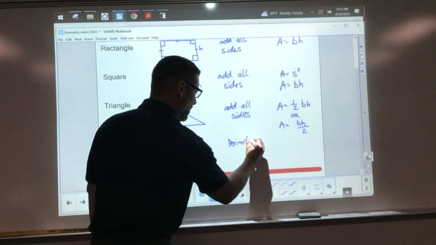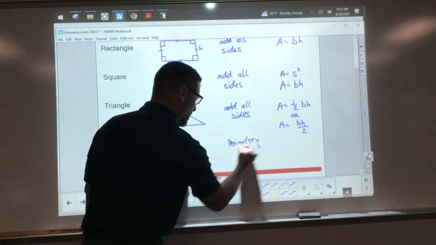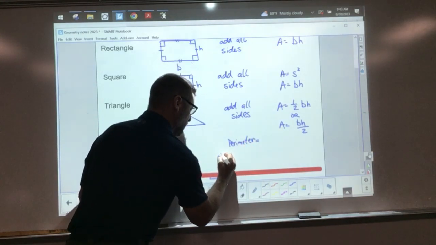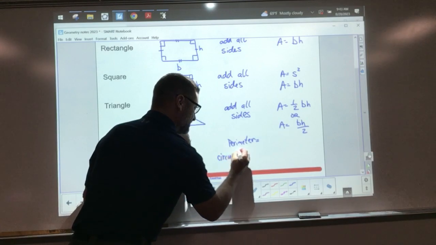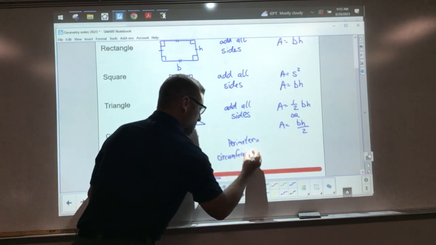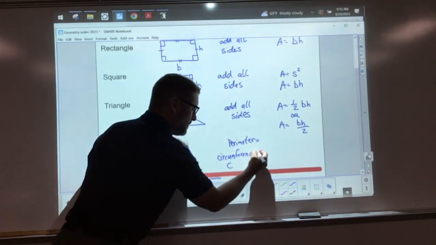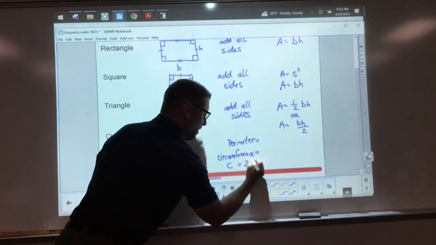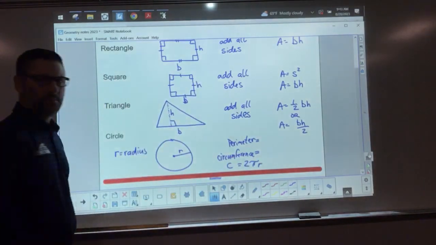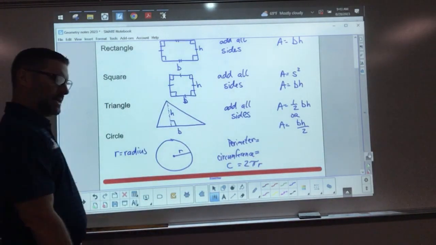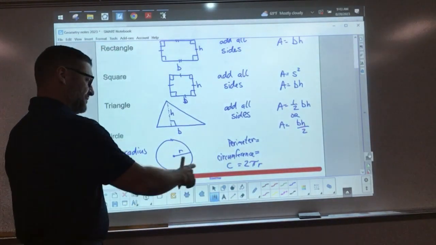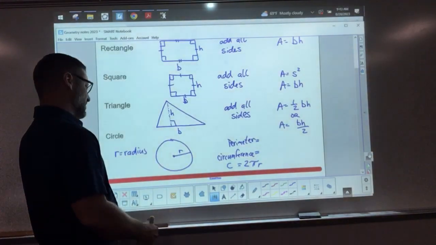And for a circle, the perimeter has a word that is associated with it, and it's circumference. Circumference has a formula, and it's 2 pi r. And we will find a pi button on our calculator when we go through this. That's for around the outside of the circle.